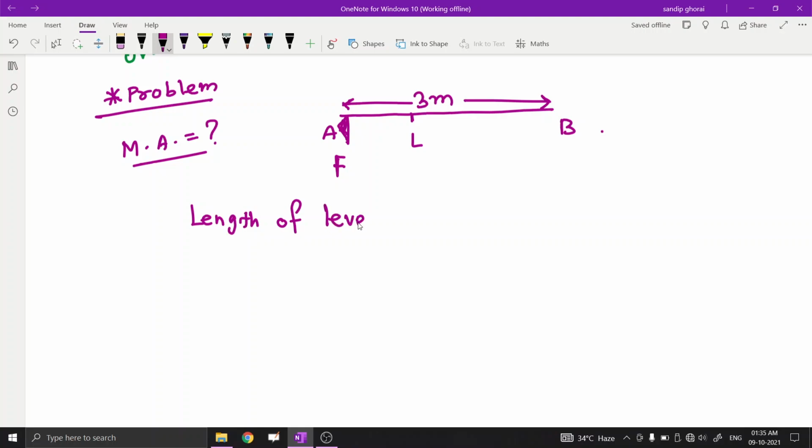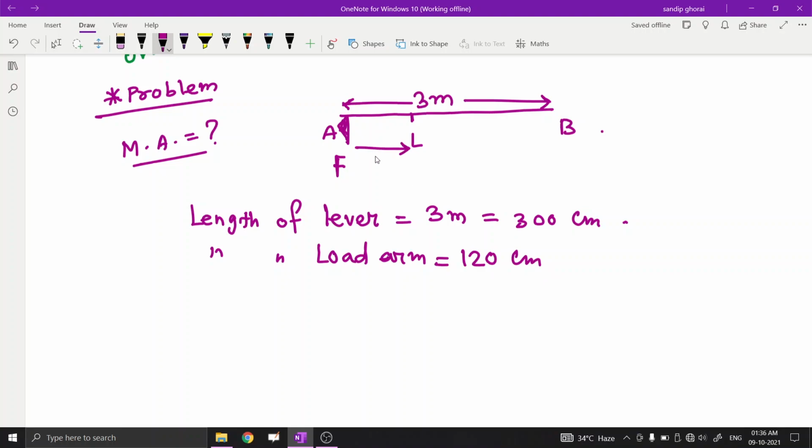Length of lever is 3 meter, which is equal to 300 centimeter, and length of load arm from this figure is 120 centimeter. Here the length of effort arm is 300 centimeter. This point is effort.